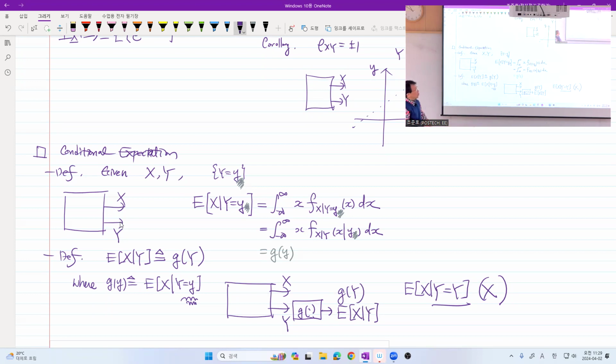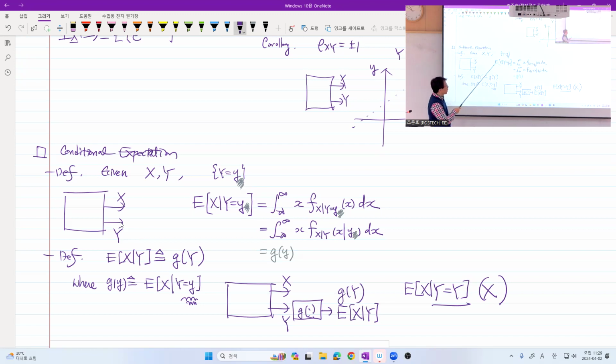This is one of the most torturing notations when I was a graduate student. Anyway, so remember, conditional expectation of X given Y is a random variable. Conditional expectation of X given the event capital Y equals y, what is that? It's a function of y. Got it?